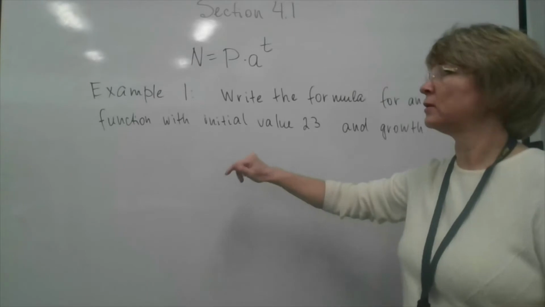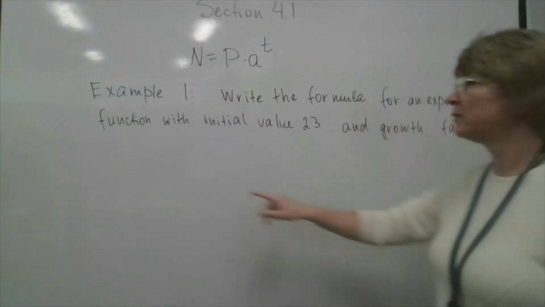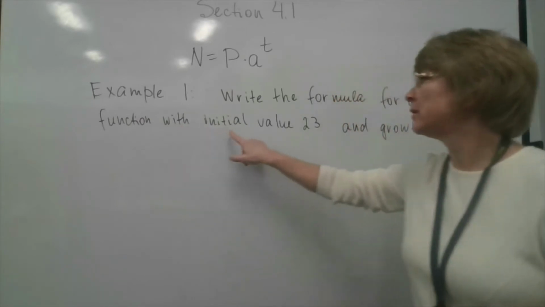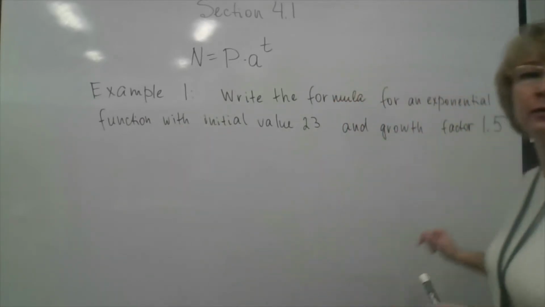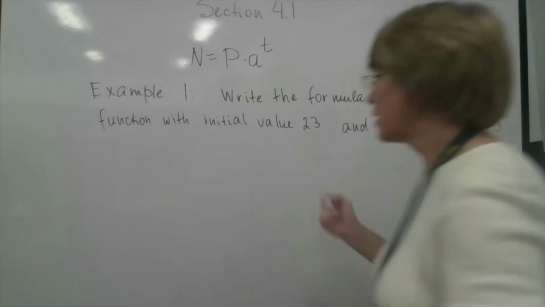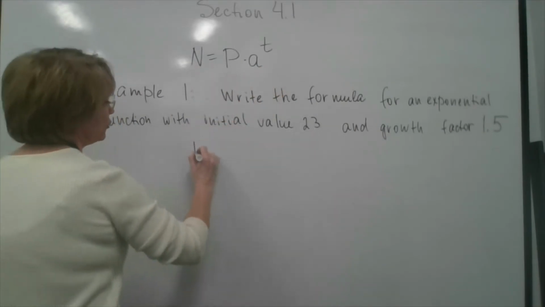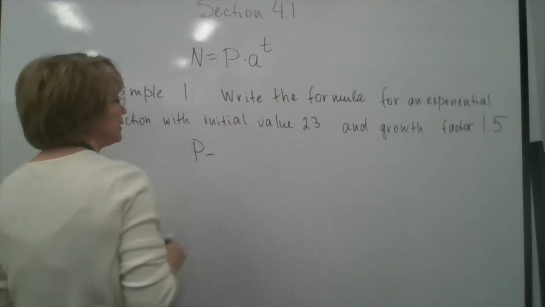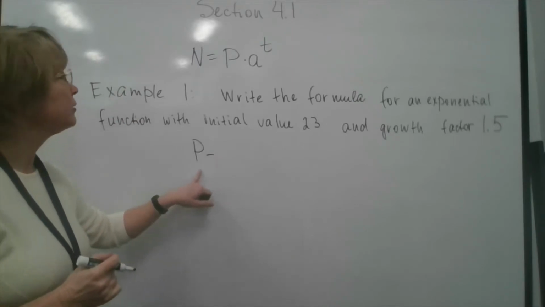Example number 1. Write the formula for an exponential function with initial value 23 and growth factor 1.5. Okay, this is the equation. You have to read the problem and tell me, do you know P? P is the initial value.